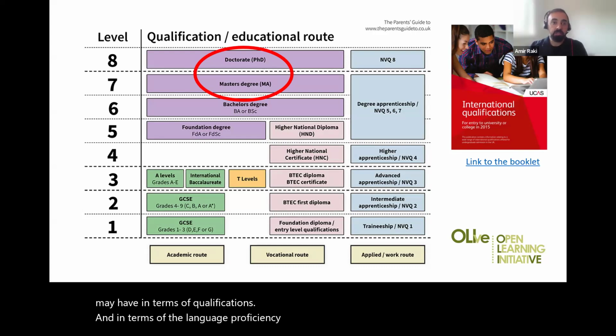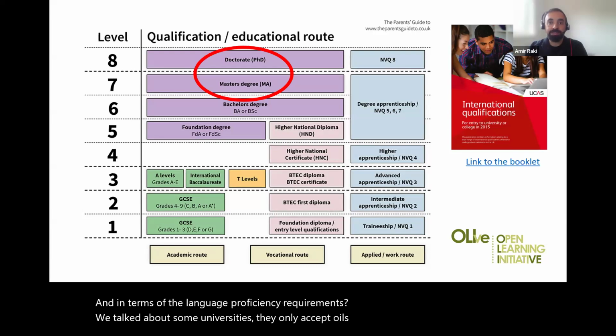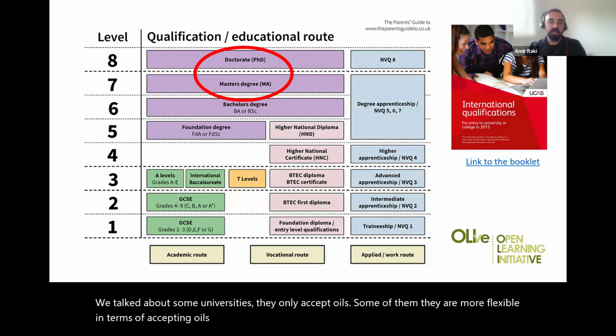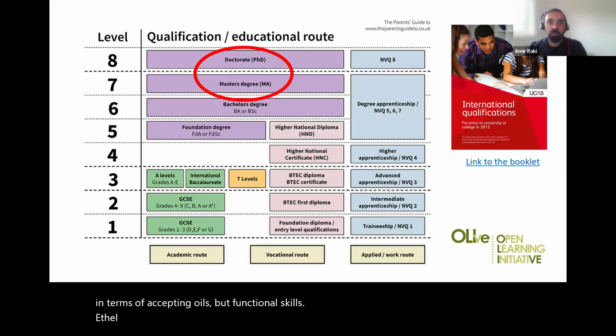We talked about how some universities only accept IELTS. Some of them are more flexible in terms of accepting IELTS, but also functional skills, ESOL qualifications, and other equivalent qualifications.